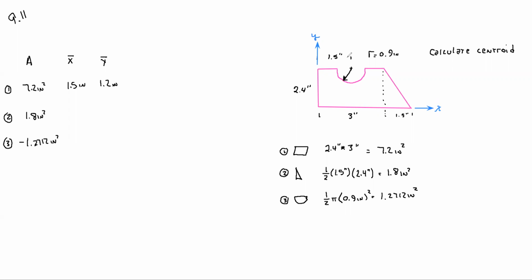So the circle. For a semicircle, the x component is 1/2 the diameter, so that's the radius.